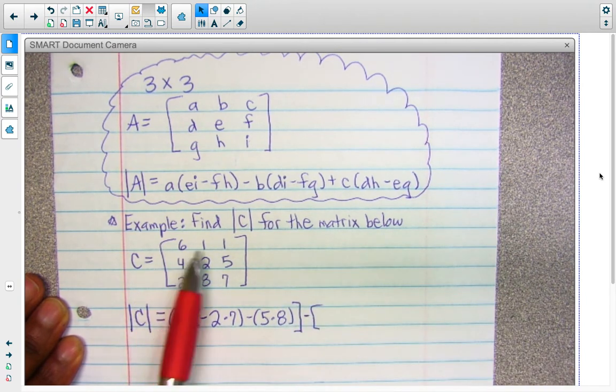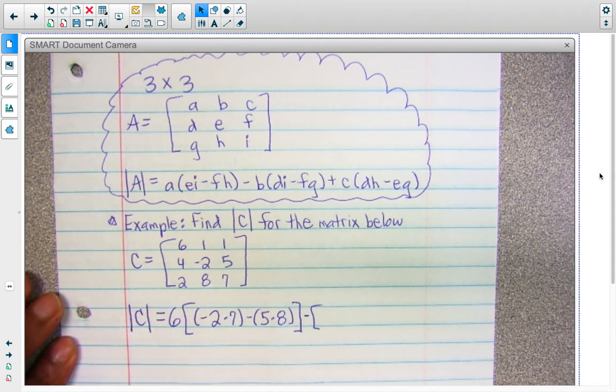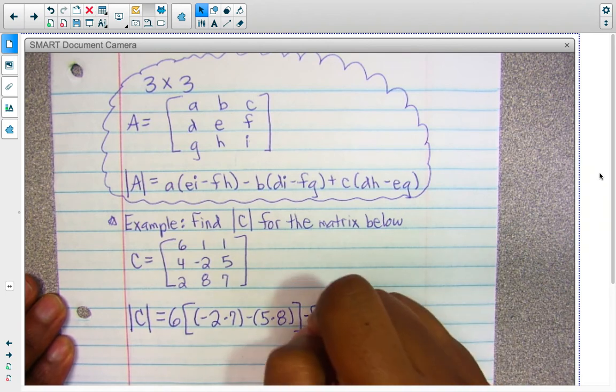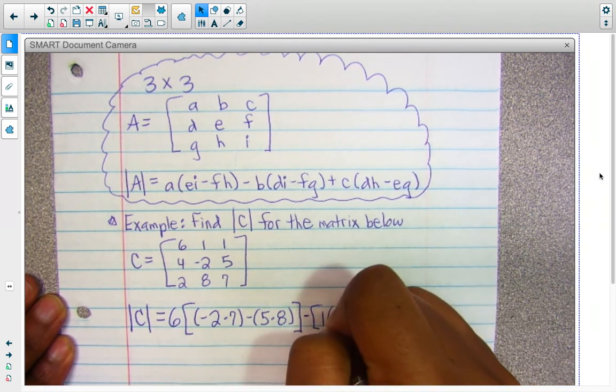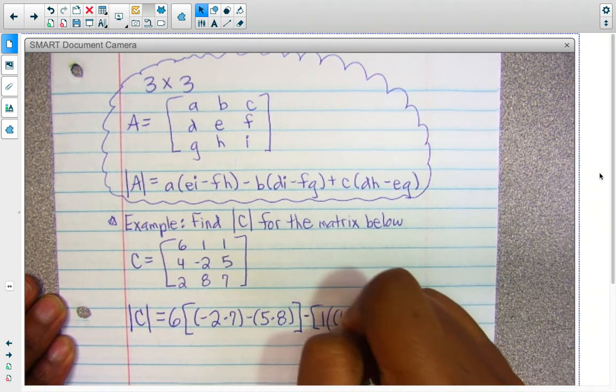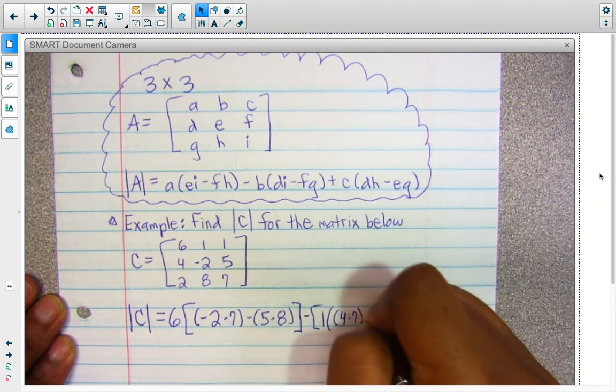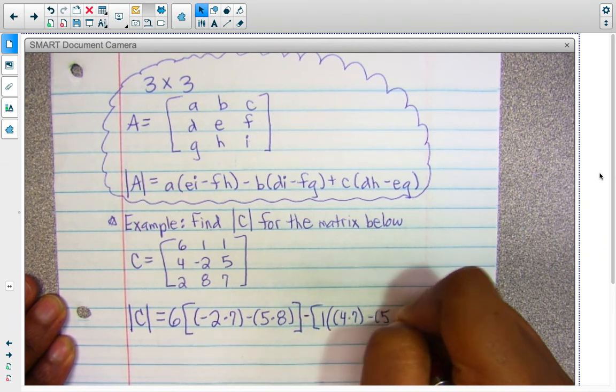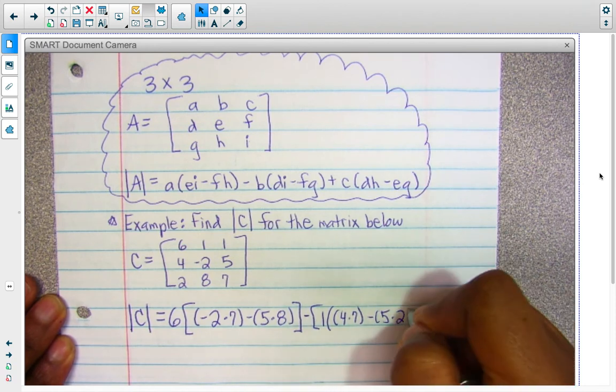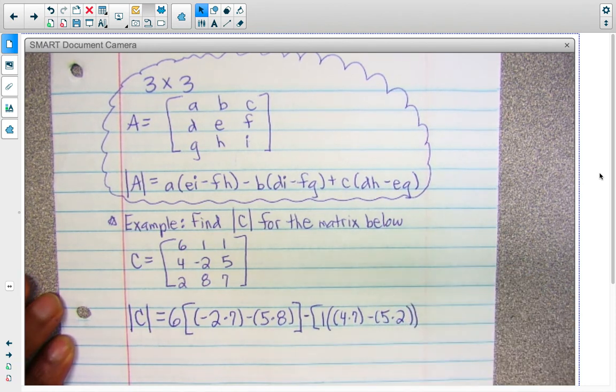Now I'm using this one and these 4 numbers. So that is now going to look like 1 times 4 times 7 minus 5 times 2. And I do have a lot of grouping symbols here.